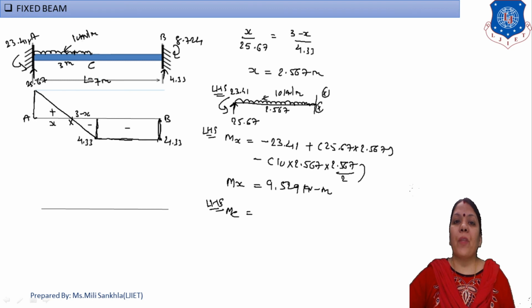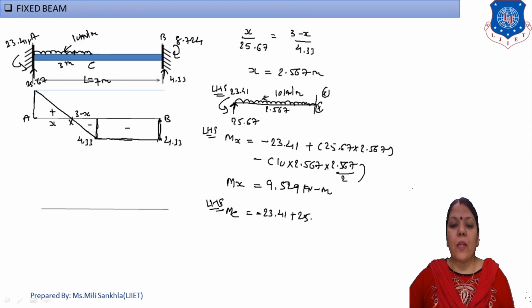On the left side there are 3 moments: first due to the point load, second due to the moment, and third due to the UDL. The moment is anti-clockwise, so minus 23.41; this point load rotates clockwise, so plus 25.67 into distance 3; and this UDL rotates anti-clockwise, so minus 10 into 3 and 3 by 2.